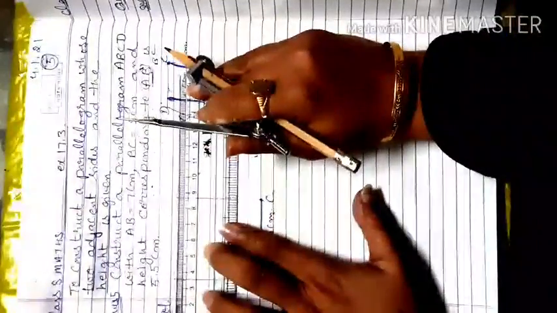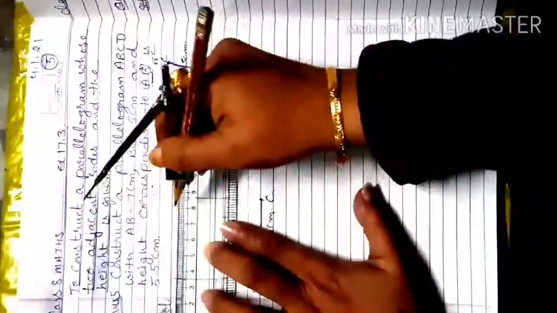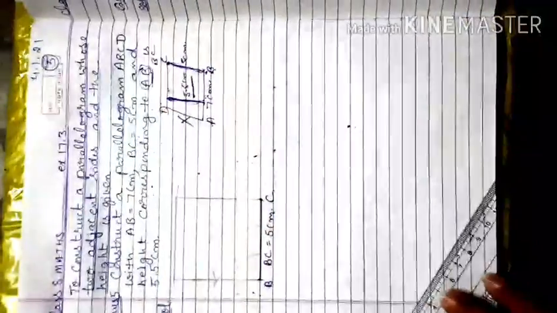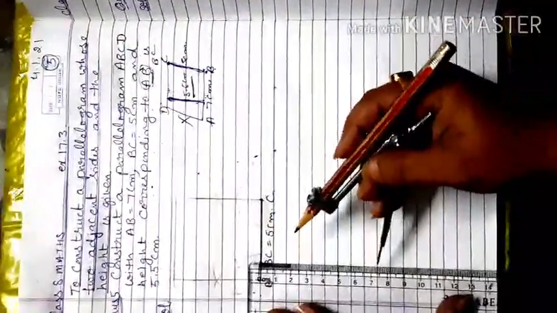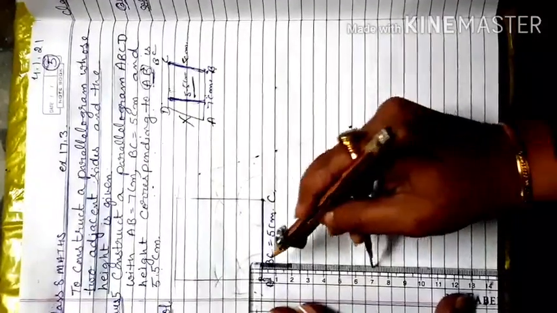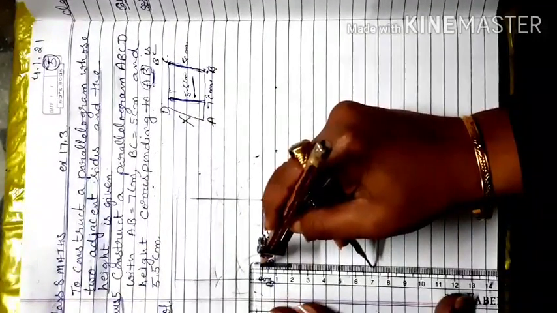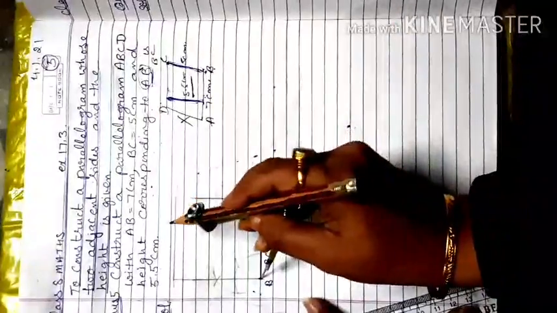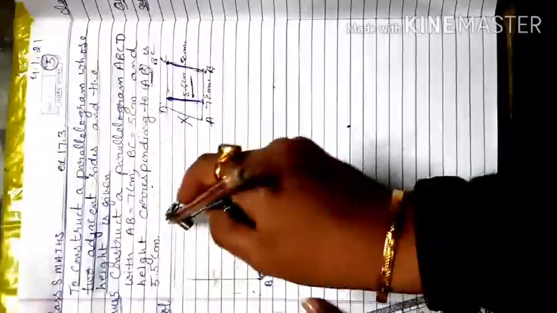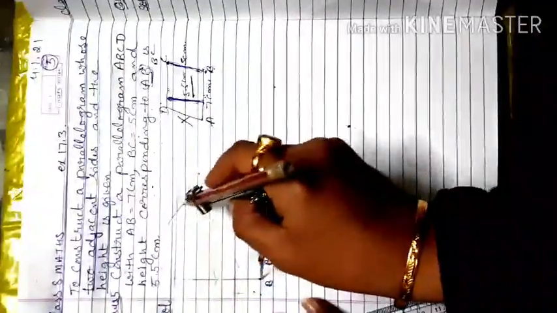Before marking the A point, I will not mark it yet, because the A point will be 7 centimeter from B. I open 7 centimeter from the scale, take B as a center and mark an arc at a radius of 7 centimeters.